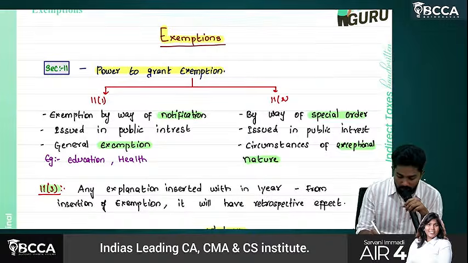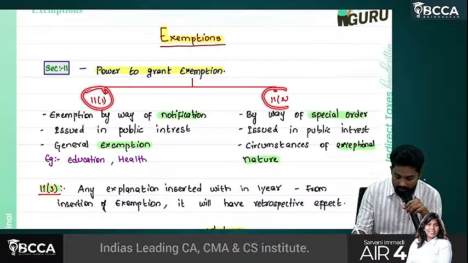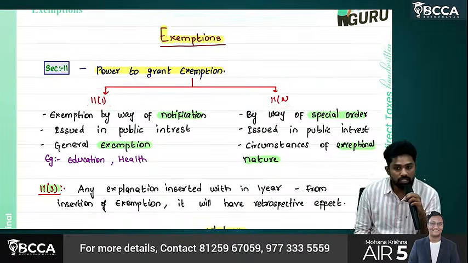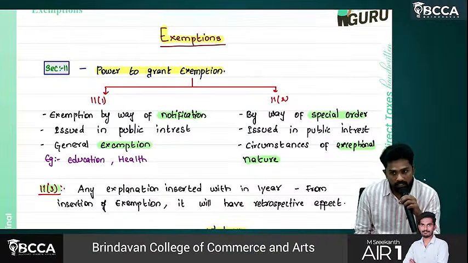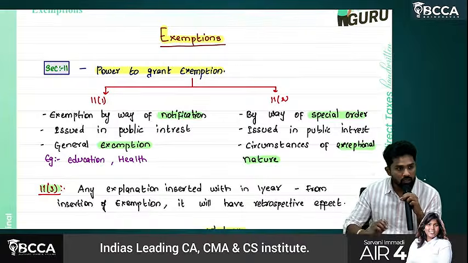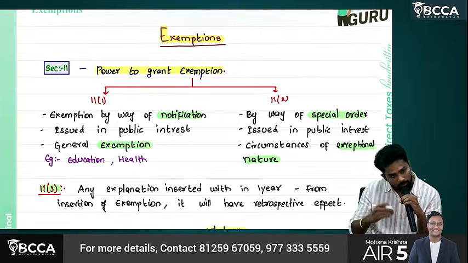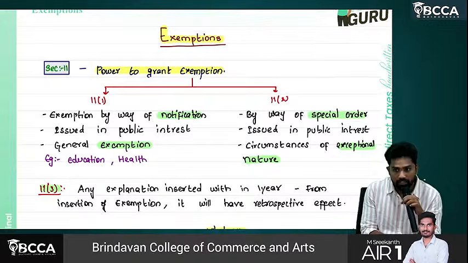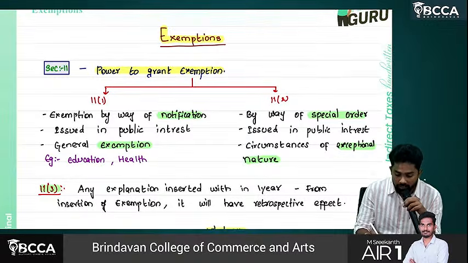There are two sections, sir. By using the power given under section 11, central government will notify the exemptions based on the council recommendations. Okay, so 11 subsection 1.